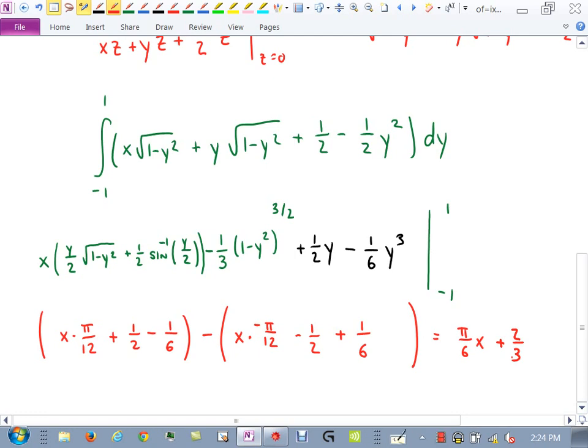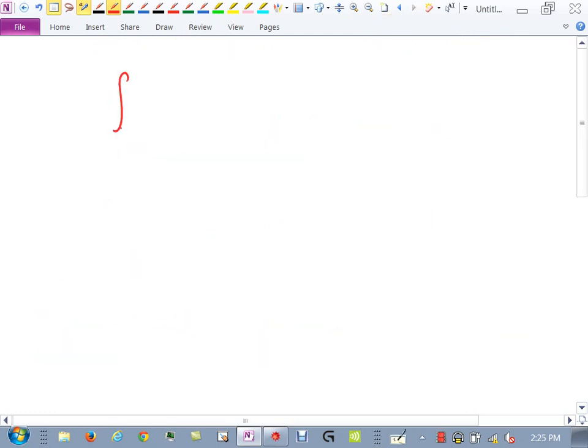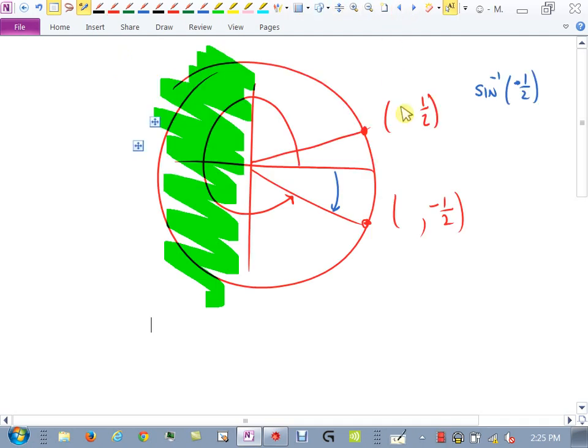Now I get to integrate that with respect to x, right? And what were my limits? 0 to 2. Pi over 6x plus 2/3. Is that what we had or not?